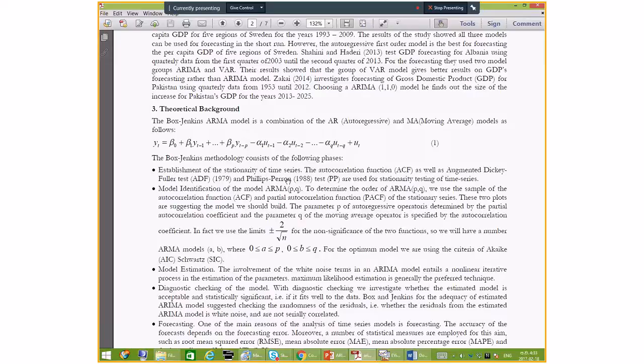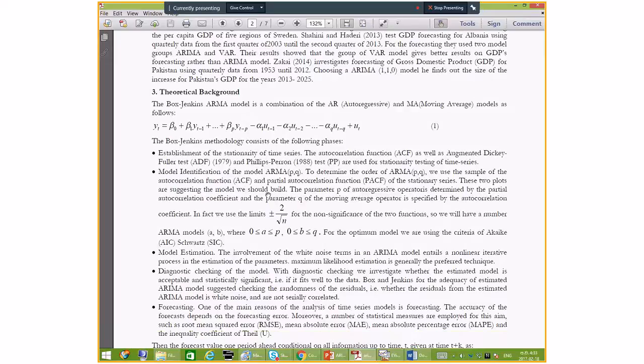The Box-Jenkins methodology consists of the following stages. The first stage is the establishment of stationarity of the time series.